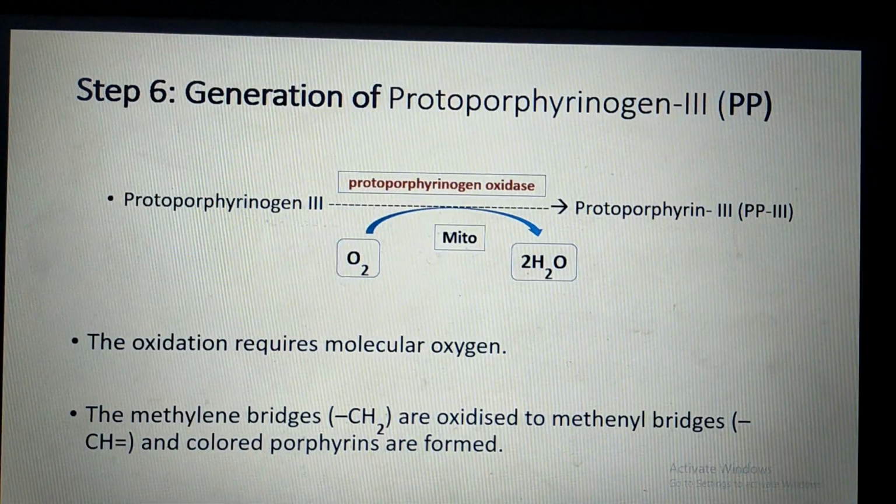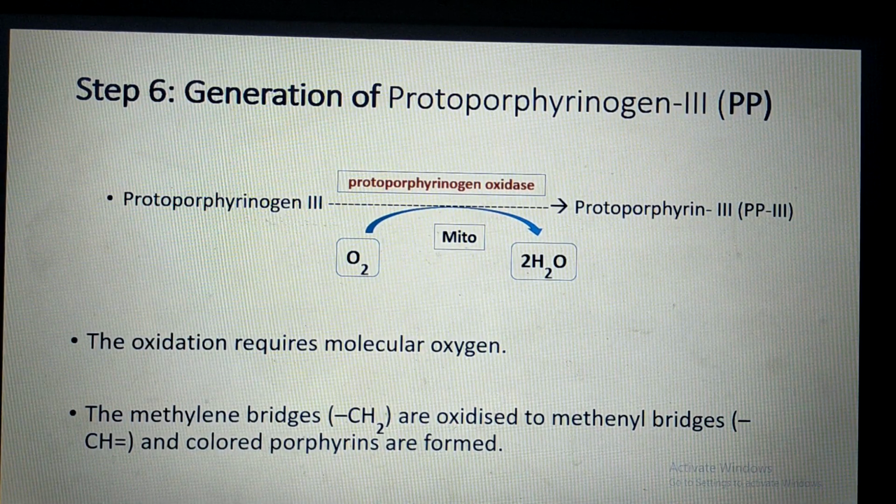In the next step, protoporphyrinogen 3 is converted into protoporphyrin 3. Protoporphyrinogen is converted to protoporphyrin. This step occurs in mitochondria. Here oxidation takes place. The enzyme is protoporphyrinogen oxidase.